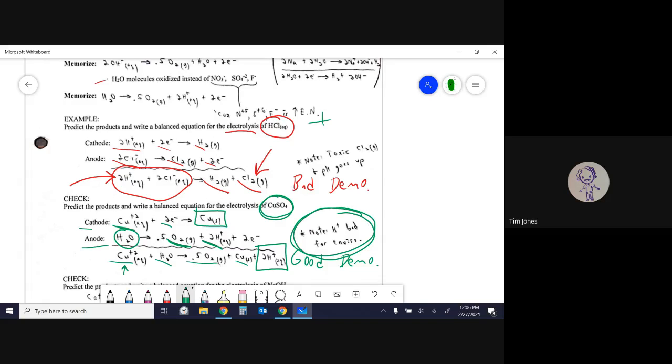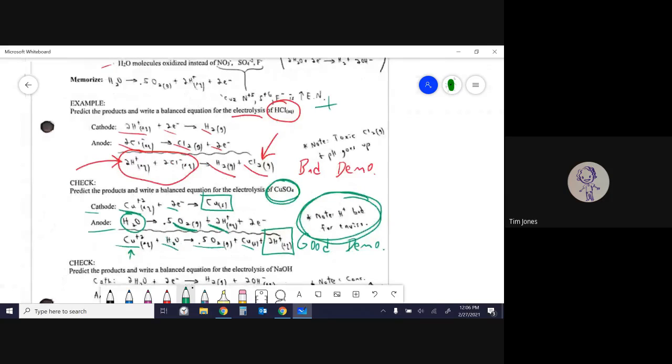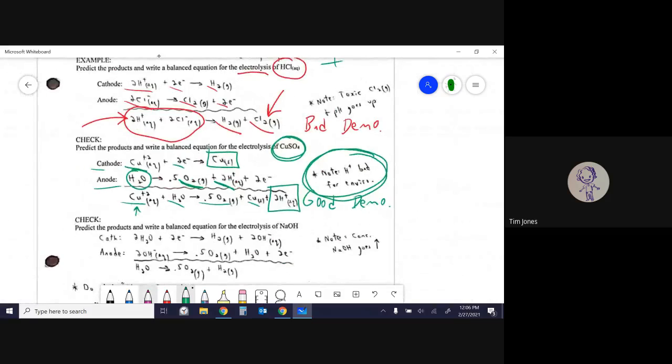And a third example, electrolysis. Let's see, let's do blue this time. Electrolysis of sodium hydroxide. Well, sodium ions are not going to be reduced in water, so water will get reduced, gain electrons, making hydrogen gas and hydroxide.